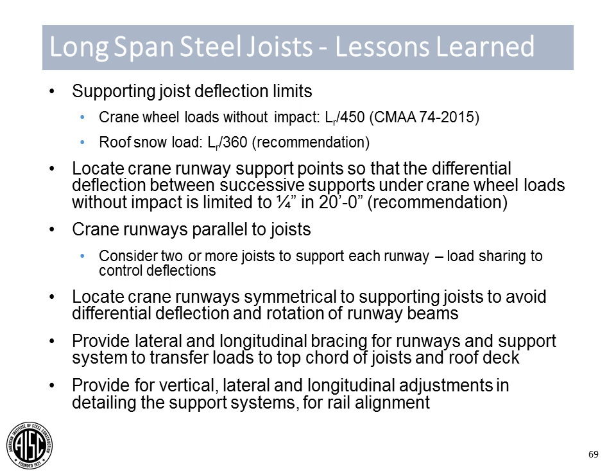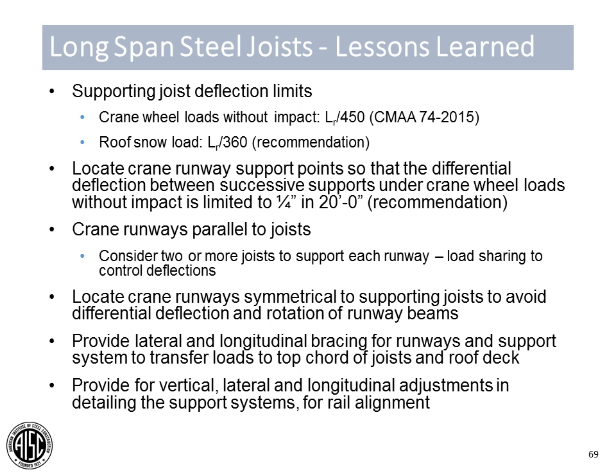If you have crane runways parallel to the joists, you'll want to probably include some distribution steel like we saw on the previous slide to engage multiple joists in the support of these runway systems. You want to locate the crane runways symmetric to the supporting joists to avoid differential deflection and rotation of these runway members.